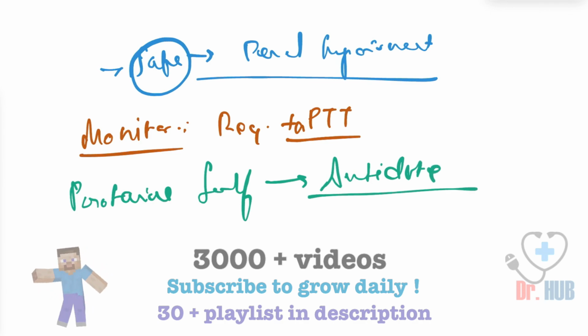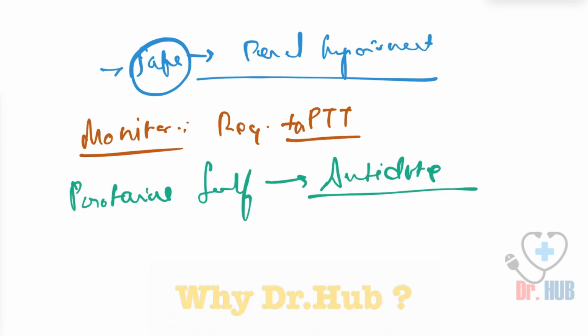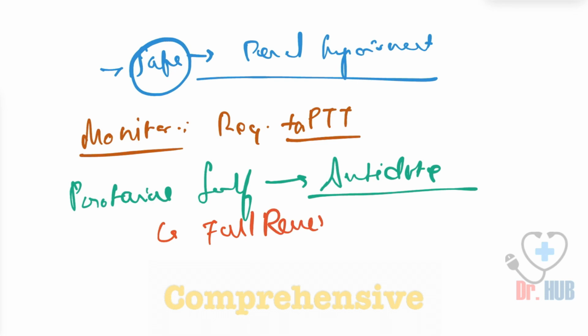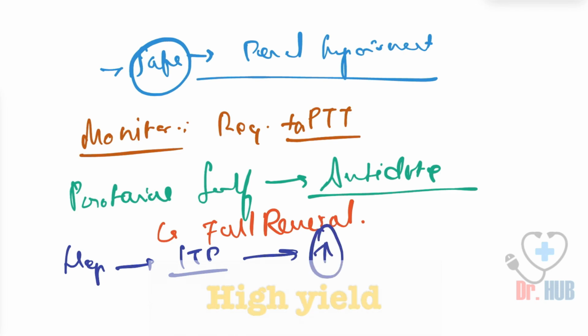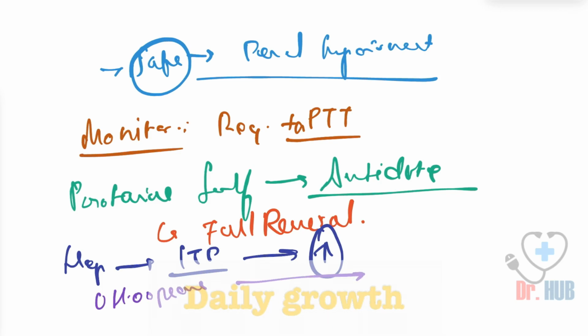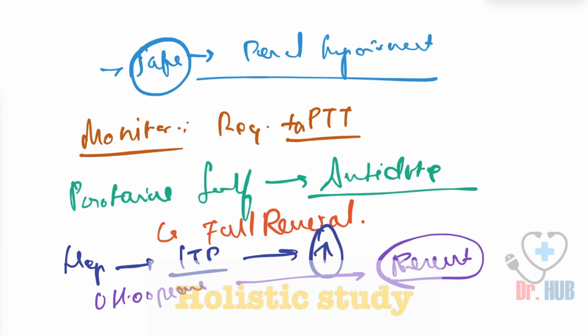Protamine sulfate results in full reversal. Then the risk of heparin induced thrombocytopenia is high. And what about the risk of osteoporosis? The risk is present, so there can be chances of osteoporosis.